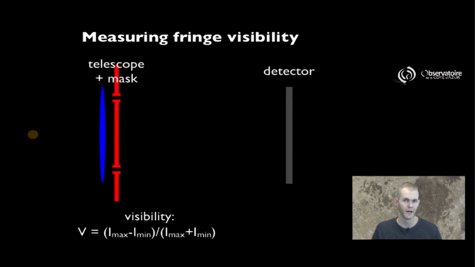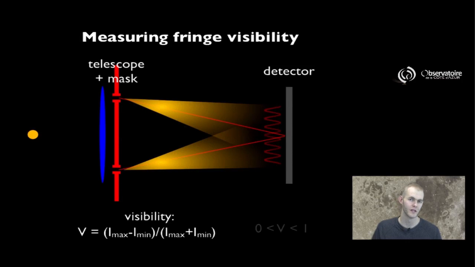If you're looking at a different object, and in this case we're not going to look at a binary star but a slightly resolved star, one way to think about it is to pretend that a resolved object like a big star is essentially made up of several point sources right next to each other, to the point where we cannot make a difference between two distinct objects and one continuous larger object.